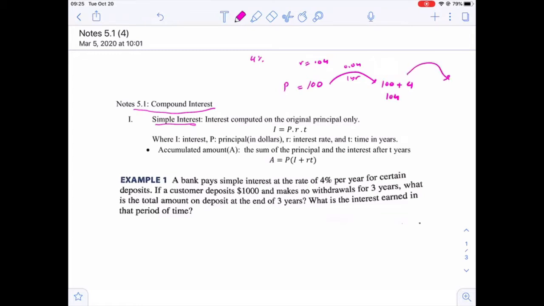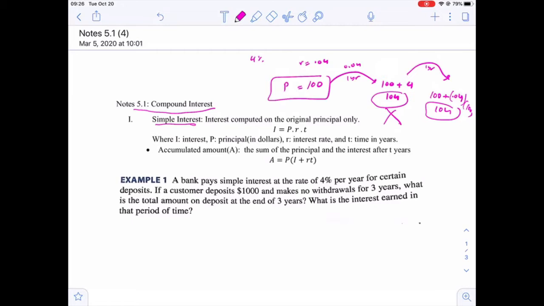And after another year, you get another 4%, but the new 4% is on the original amount, not on the accumulated one. So you have the original amount plus 0.04 times 100. And that gives you 104 again.